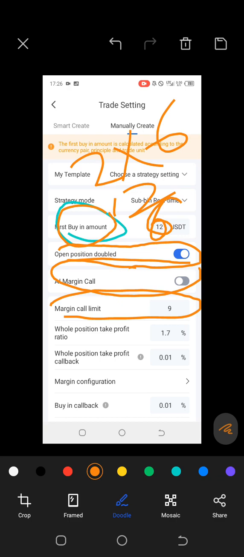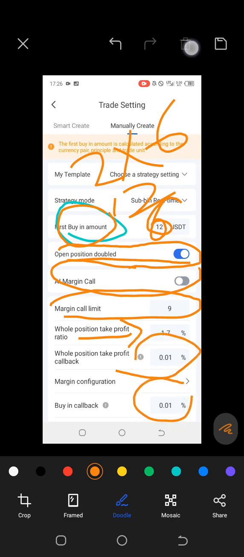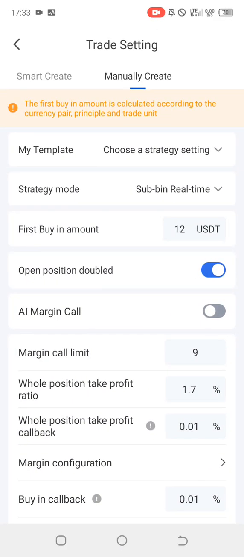Probably you have bought margin call 4, and then you want the 5th, the 6th, the 7th to take some time to buy using the AI margin call. Okay, and then the take profit is 1.7, whole position take profit, callback 0.1, buy callback. So let's do it.